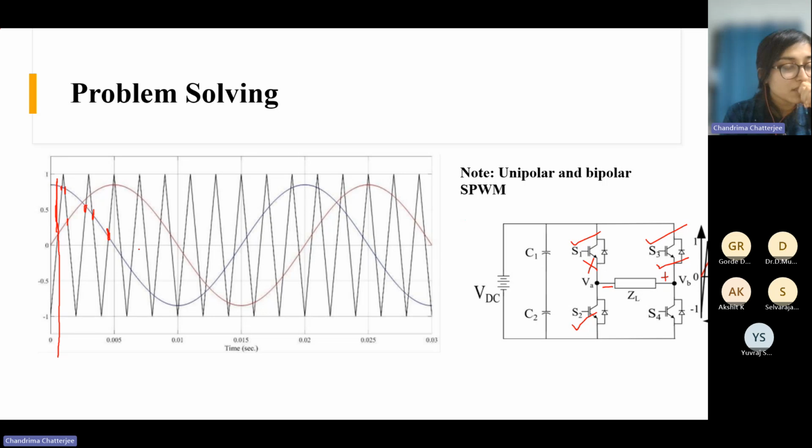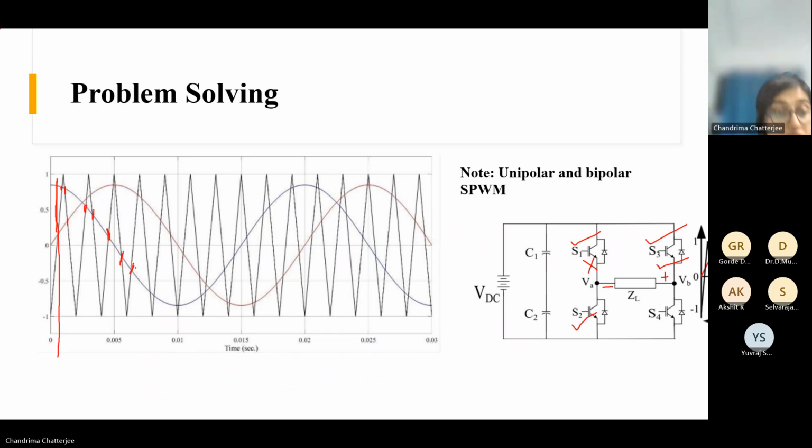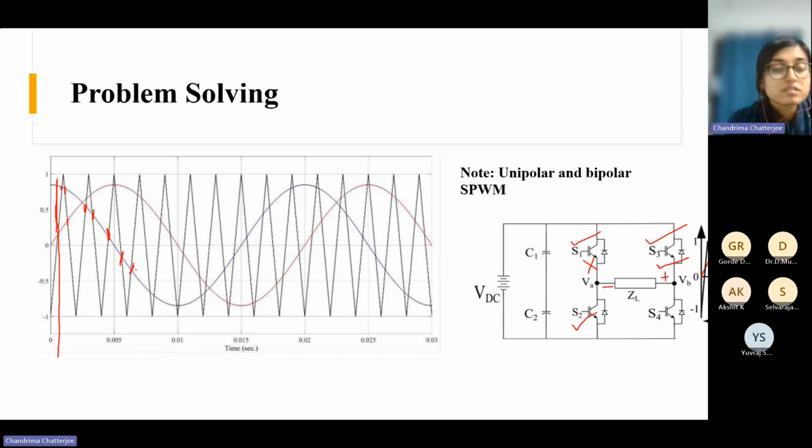Where can you see it? You see here, this interval. Can we see any one where this blue one is lesser than this one, but the red one is greater?